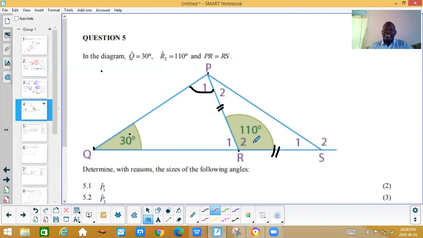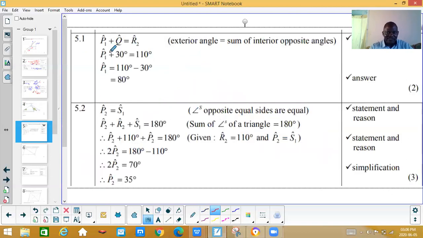The sum of two interior opposite angles is equal to the exterior angle. So you say P1 plus 30 is equal to 110 degrees.